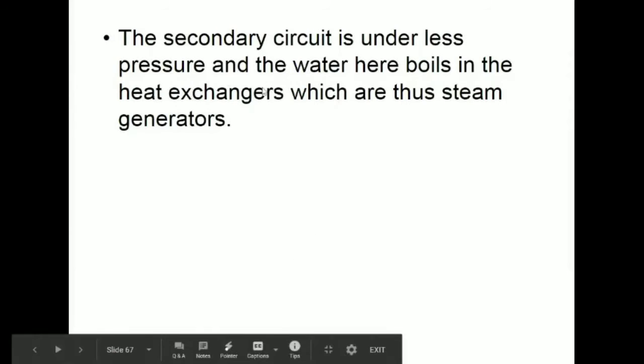The secondary circuit is under less pressure, and the water here boils in the heat exchangers, which are the steam generators. So the water circuit in connection with the steam generator is called the secondary circuit. This is kept at lesser pressure so that the water readily converts to steam here. But in the primary circuit, water is not allowed to be converted to steam.